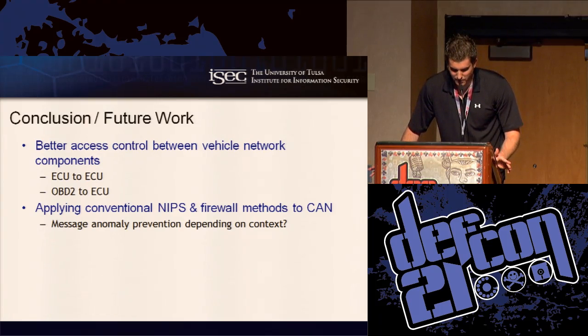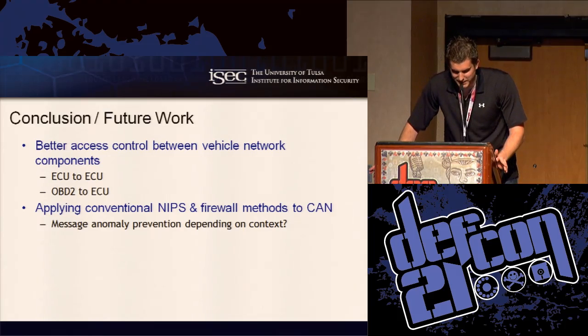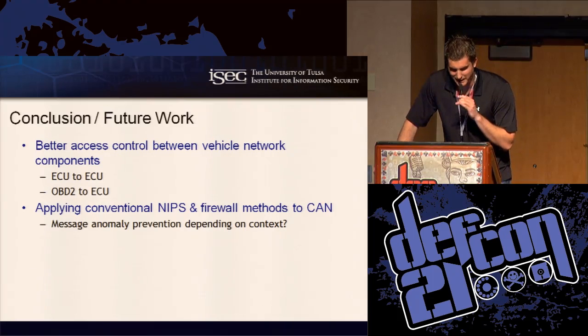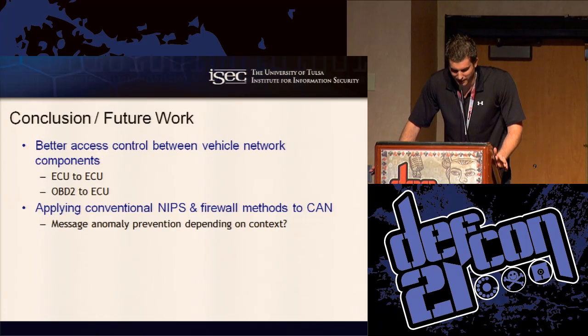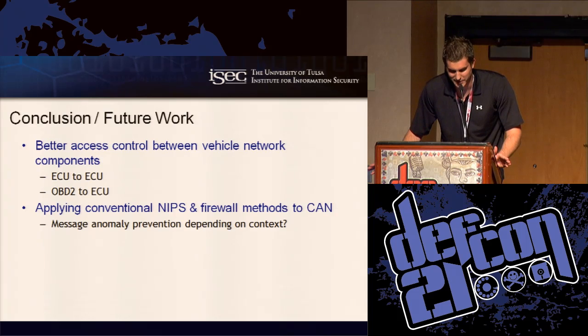So what's surprising to me is that the access control between ECU and ECU or network to network on vehicles is somewhat non-existent, or the ones that exist aren't very good and are easily bypassed. So maybe applying conventional network security techniques, such as network intrusion prevention systems of some kind, or some firewall methods to these networks might provide a better solution.